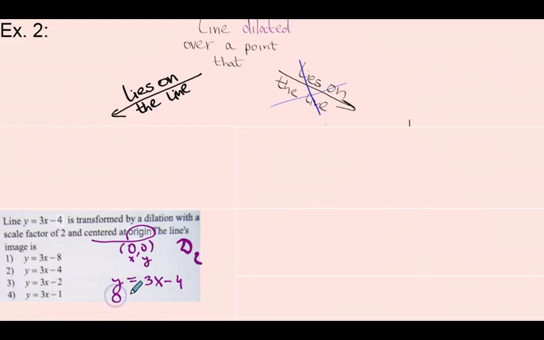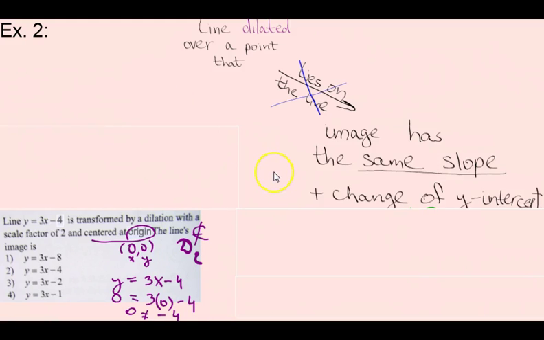So do we receive a 0 as a result of multiplying 3 by the value of x and then subtracting 4? No, because 0 is not equal to -4. It's a false statement, which means that the point of dilation, the origin, does not belong to the graph we want to consider.